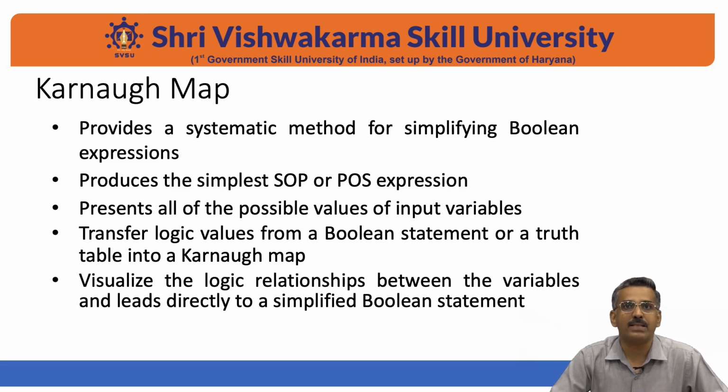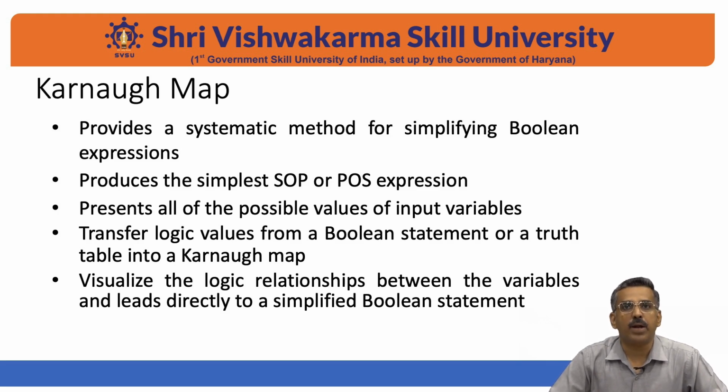K-map provides us a systematic method for simplifying the Boolean expression. K-map does the grouping of the Boolean variables together to optimize the Boolean expression. This will lead us to the low cost of the digital circuit, which is the objective of every science or technology.